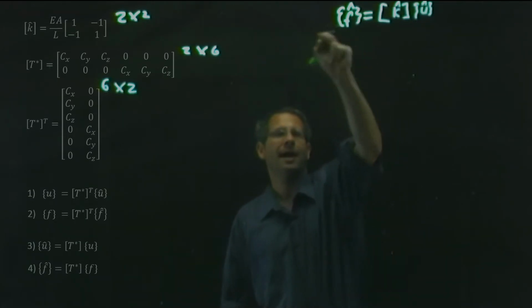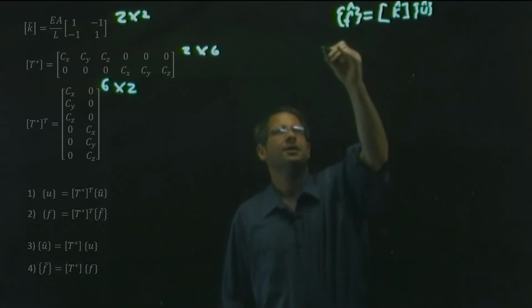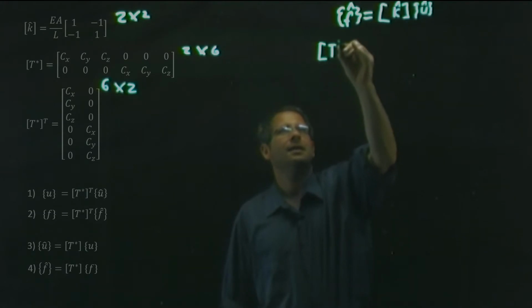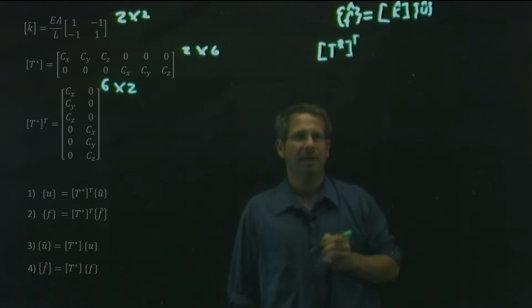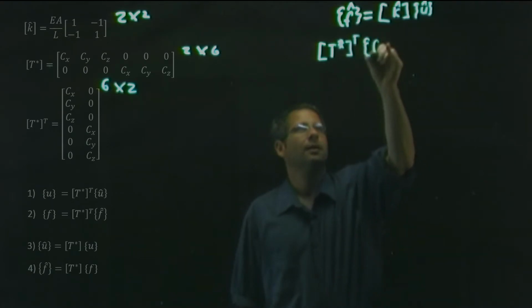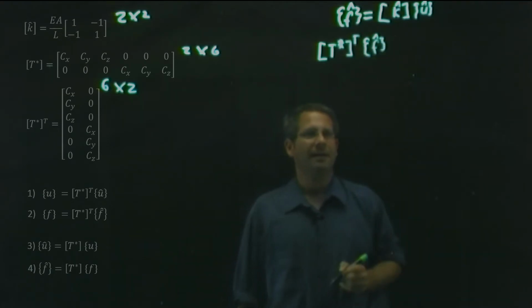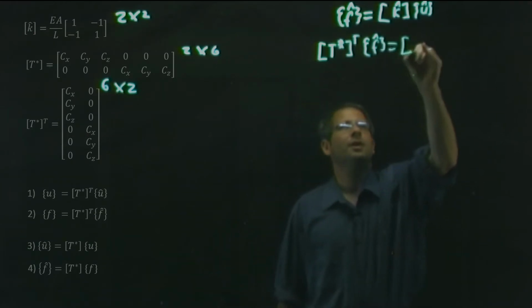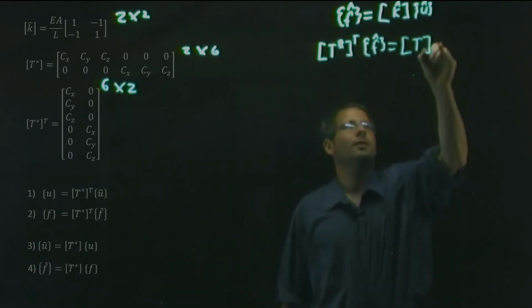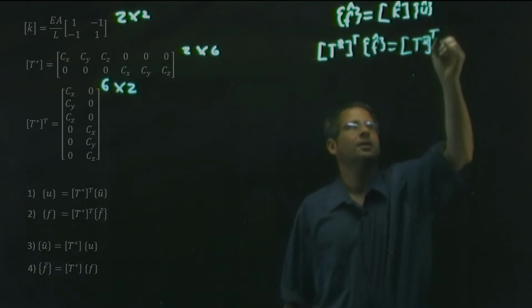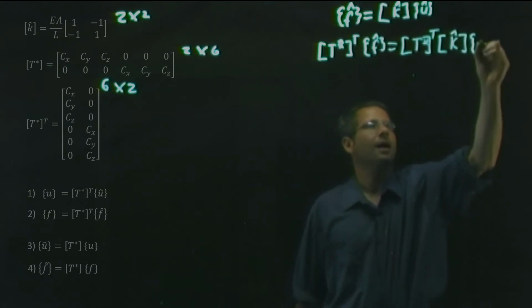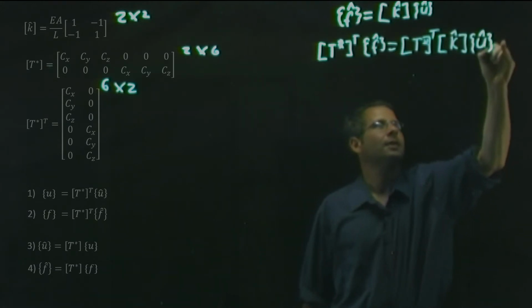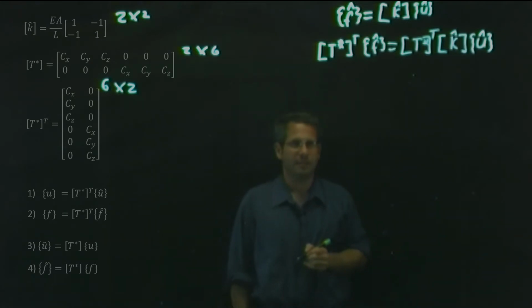I'm going to multiply on the left side. So I'm going to get T star, the transform of that matrix, times F hat, is equal to the transform matrix transformed times K hat times the displacement vector in the local coordinate system.